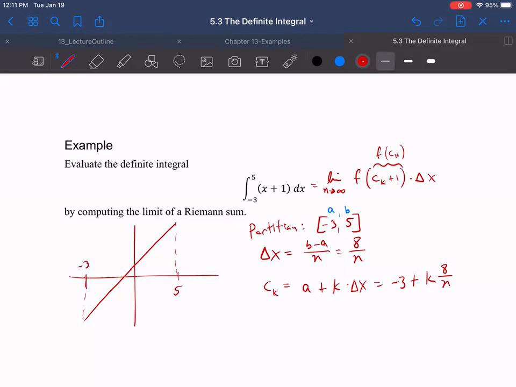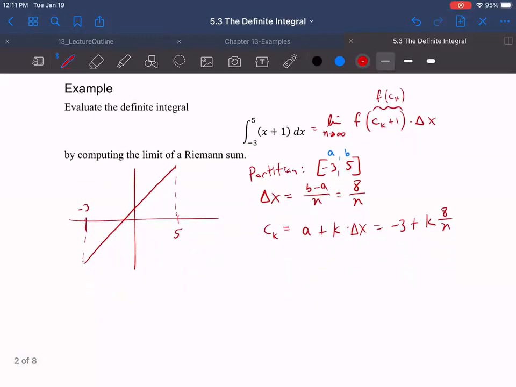Okay, so we come down here, we want to do a sum. S equals the summation from k equals 1 out to n of f of ck times delta x, which is the sum from k equals 1 to n of f of -3 plus 8k/n, times 8/n.